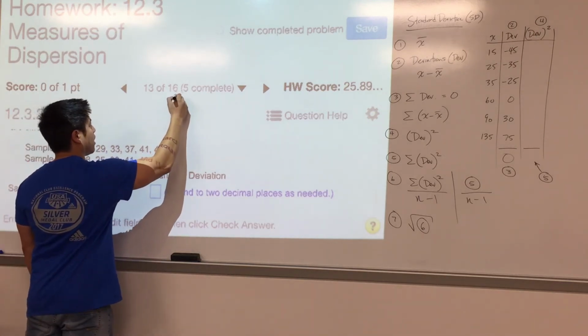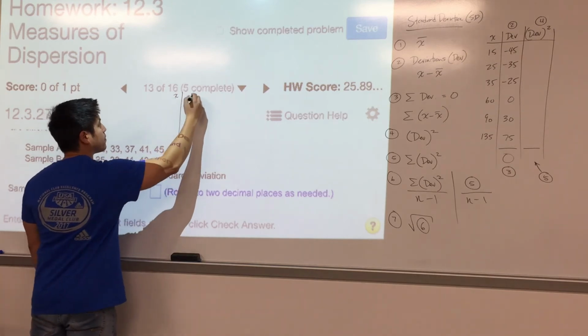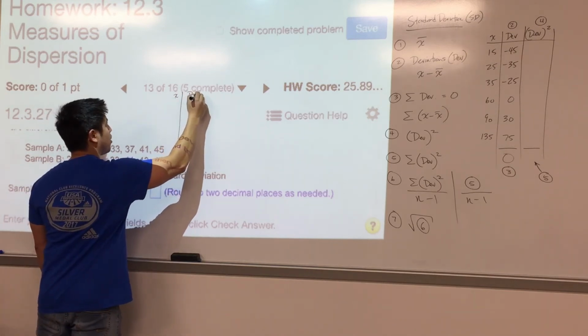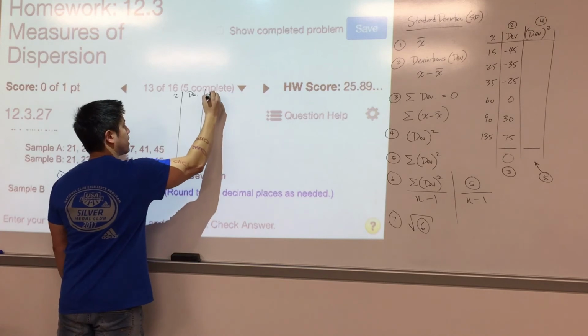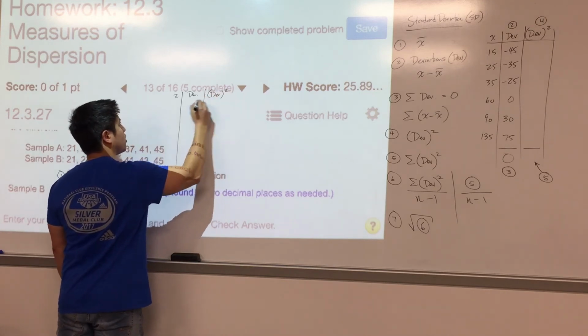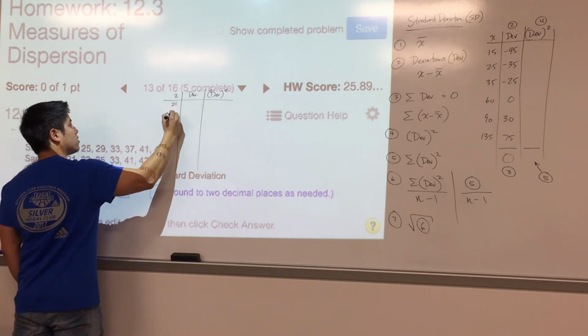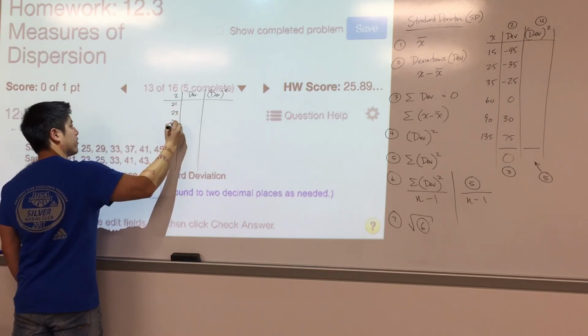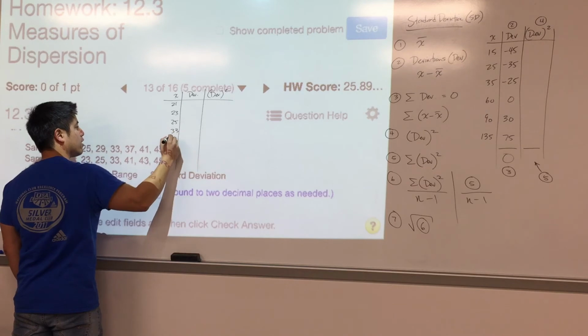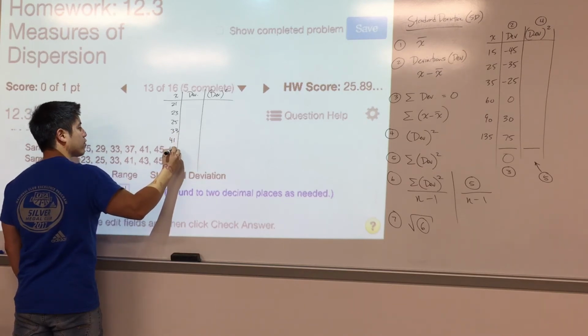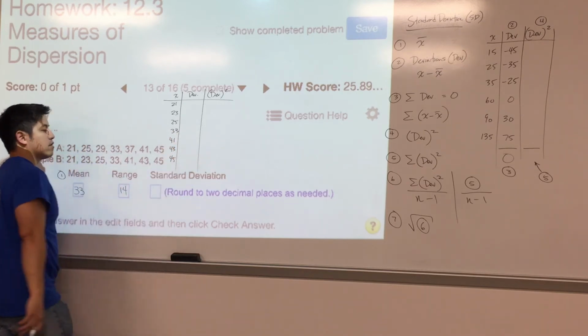So we're going to need an x column, a deviations column, and a deviations squared column, right? Our x values are 21, 23, 25, 33, 41, 43, and 45.